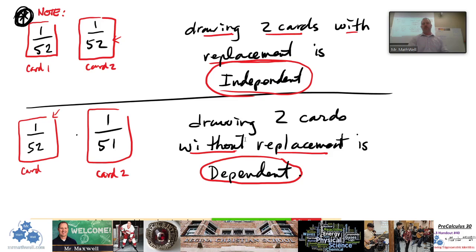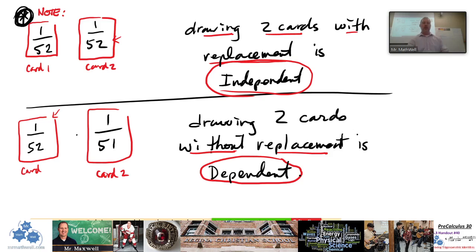So that second draw doesn't depend on what happened to the first draw because it's all been erased. It's been replaced, you see? But again, this will show up in some of your questions in your assignment, so I'm trying to help you now. So drawing 2 cards without replacement means that we have a deck of cards, you pull a card out, and then you put it aside. Now for the second draw, well, the game is totally changed now, isn't it?